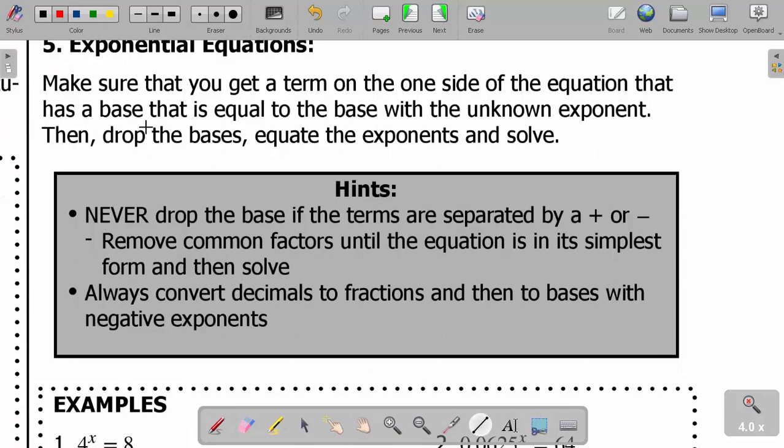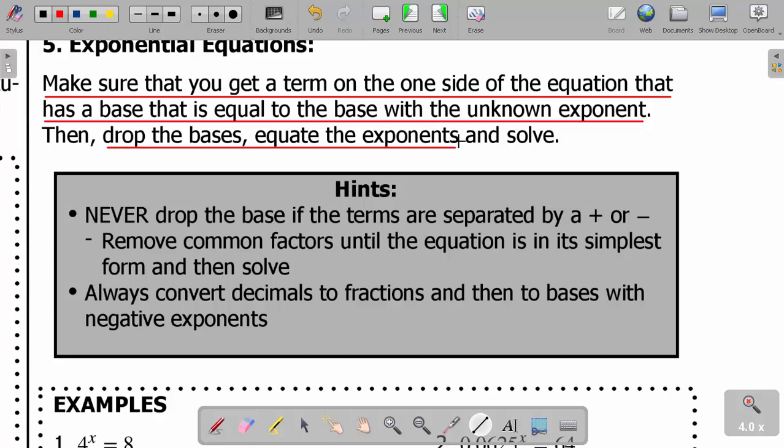First of all, make sure that you get a term on one side of the equation that has a base equal to the base with the unknown exponent. They must have the same base, in other words, as the unknown exponent. Then drop the bases and equate the exponents and then solve, okay?